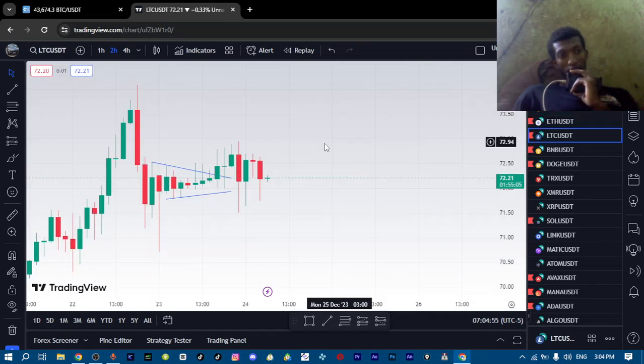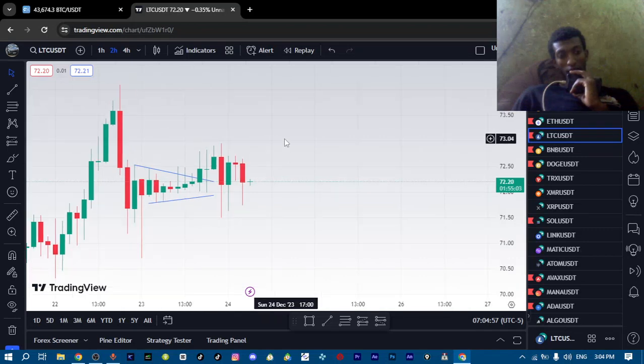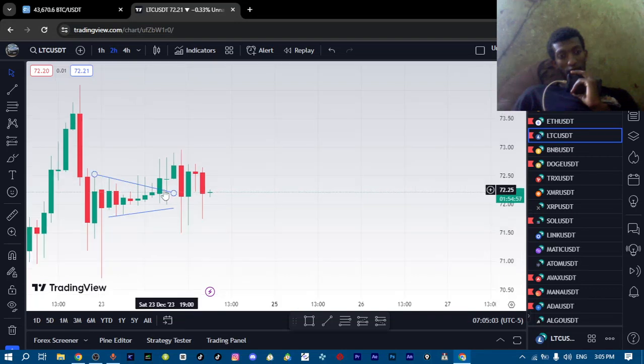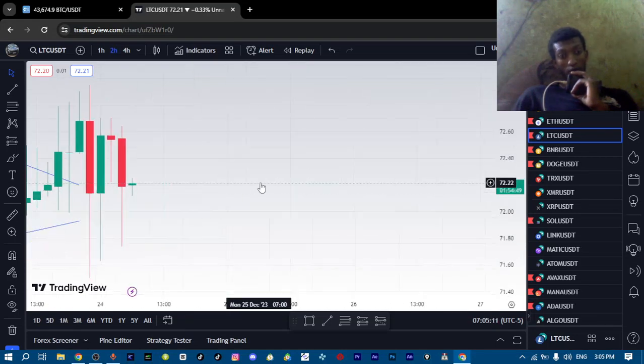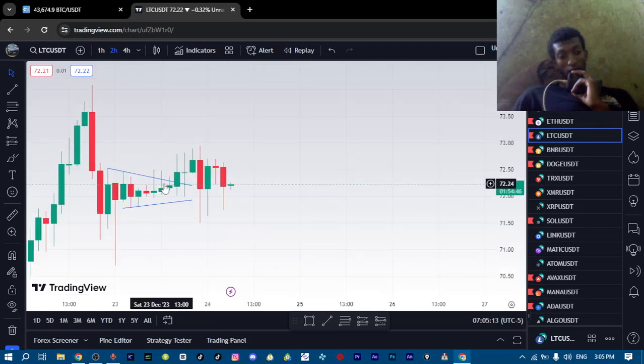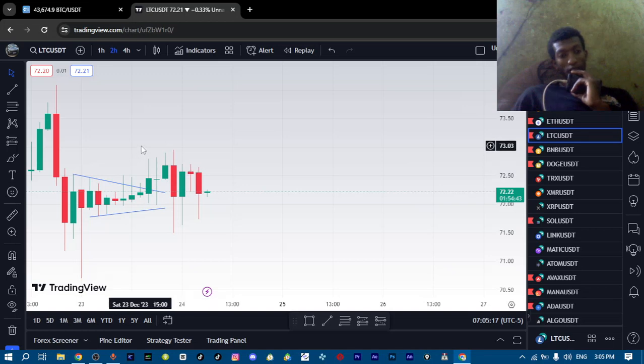In the Litecoin versus USDT, we also had a nice profit, but as you can see, it is a 2-hour time frame, so there is a lot of pips. It is not a 15 minute, not 5 minute, not a 1 minute chart.